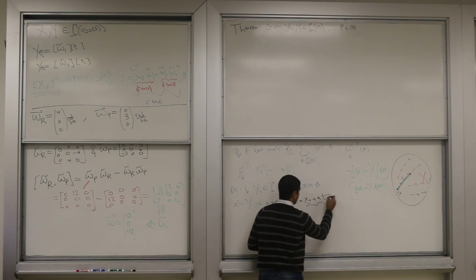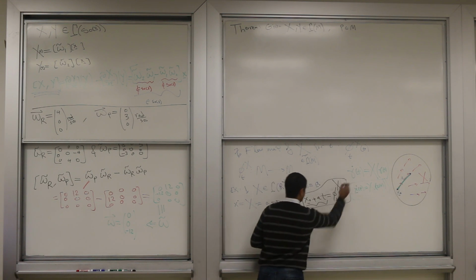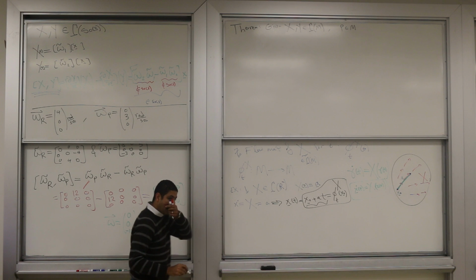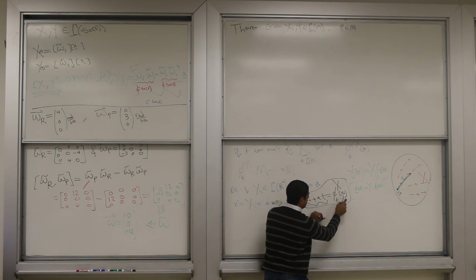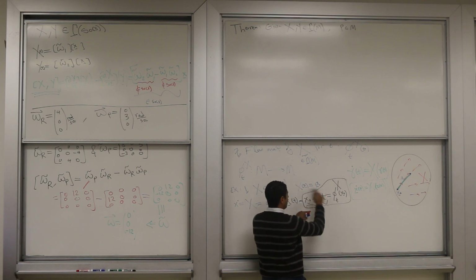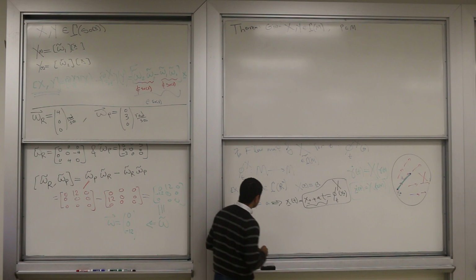This is the flow map, so it's phi t of large X at x naught. So we get the flow map by solving the differential equation. The flow map is a map on the manifold. It takes any point and returns you another point by flowing along that vector field for time t.